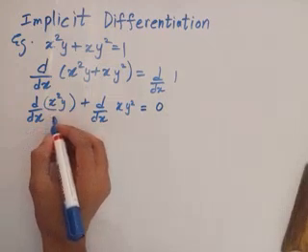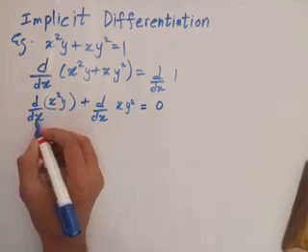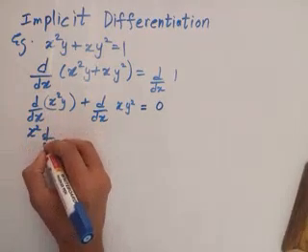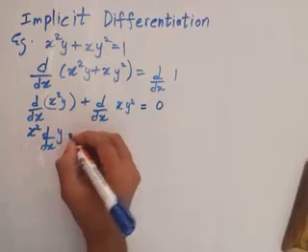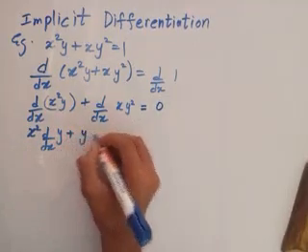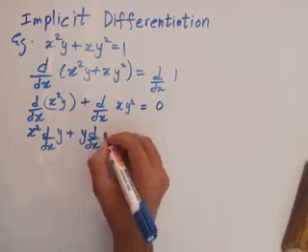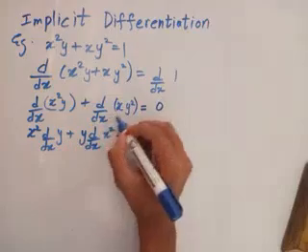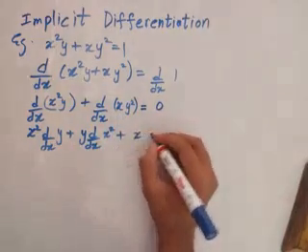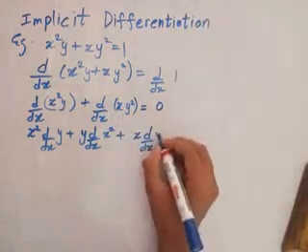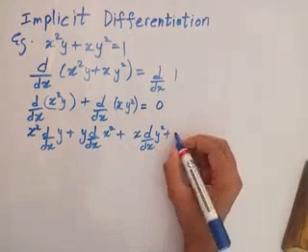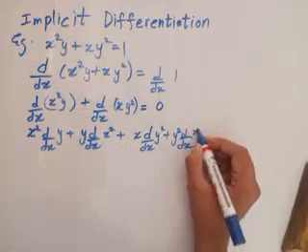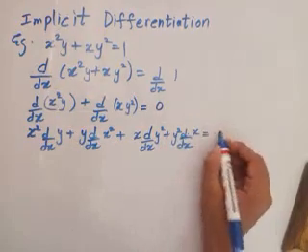Now using the product rule of differentiation, I can write this as the first function times the derivative of the second plus the second function times the derivative of the first. And similarly, using the product rule here, I can write it as the first function times the derivative of the second plus the second function times the derivative of the first is equal to 0.